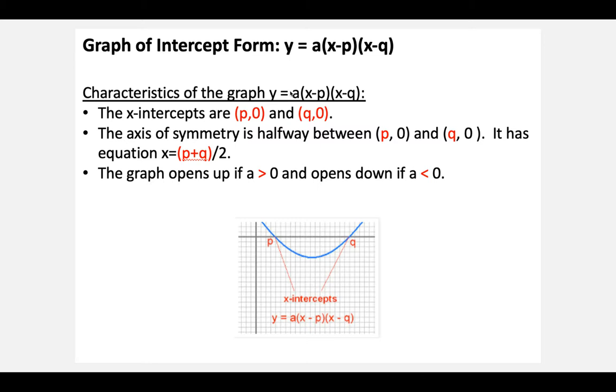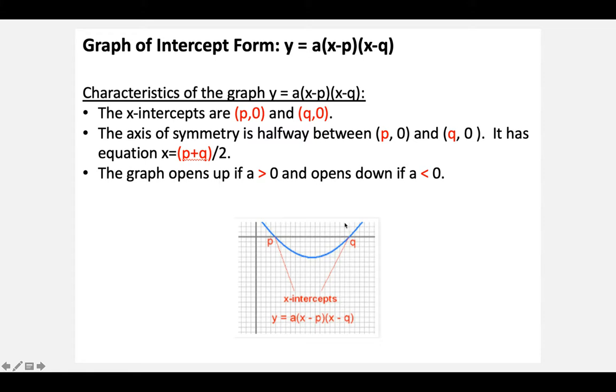Okay, great. Another helpful form is called intercept form, and it is the form y equals a times x minus p times x minus q. The x-intercepts are (p, 0) and (q, 0), so that gives you 2 points. The axis of symmetry is halfway between (p, 0) and (q, 0).